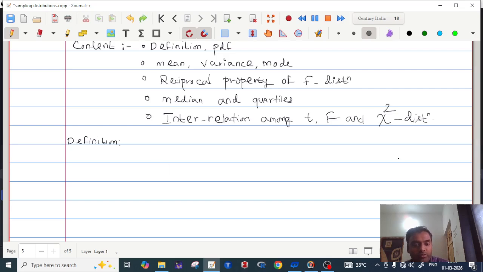Suppose we have two independent random variables U and V, and both are chi-square. Suppose U follows chi-square with n1, and V follows chi-square with n2. Both are independent.